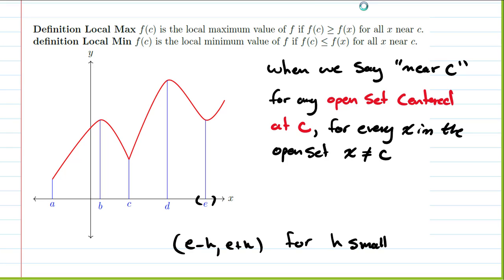An open set around a point is really just a teeny tiny little neighborhood around that point, for any small number h, like 0.00000001. As long as you can create a small neighborhood around that point where f of c is either the biggest or smallest value, then we have a local max or a local min.